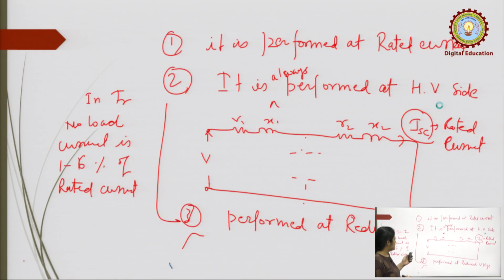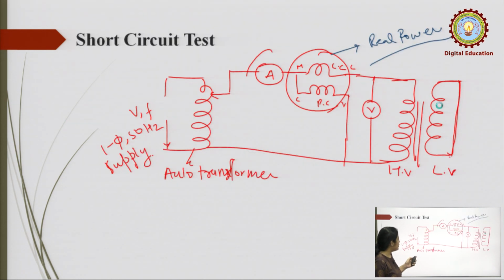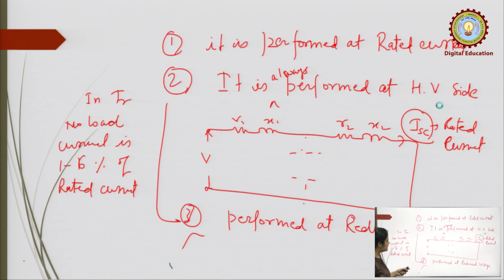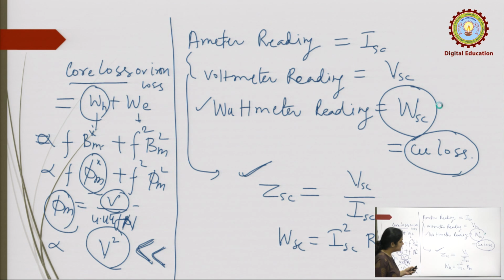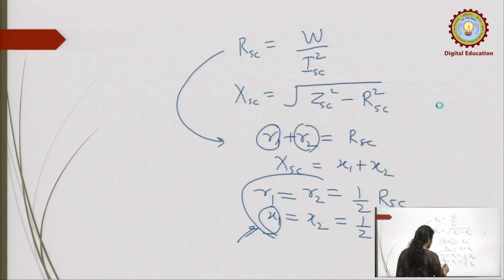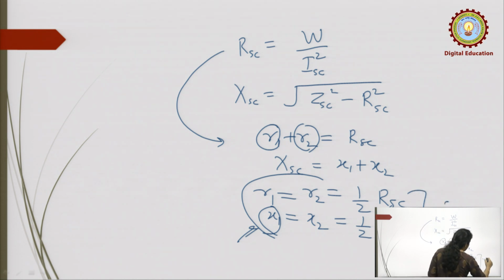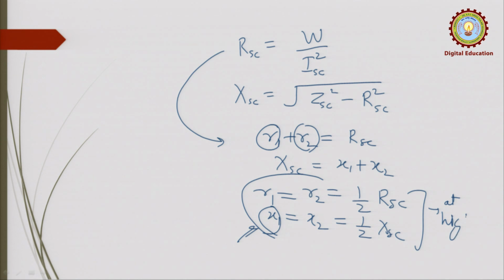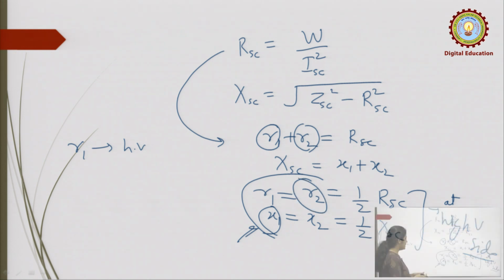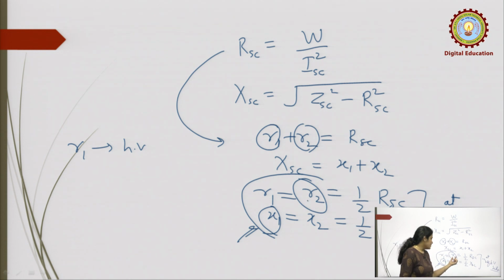Now, you will see that this short circuit test is always performed at the high voltage side. So, these parameters you will get at the high voltage side. R1 is already on the high voltage side, and R2 is also referred to the high voltage side.